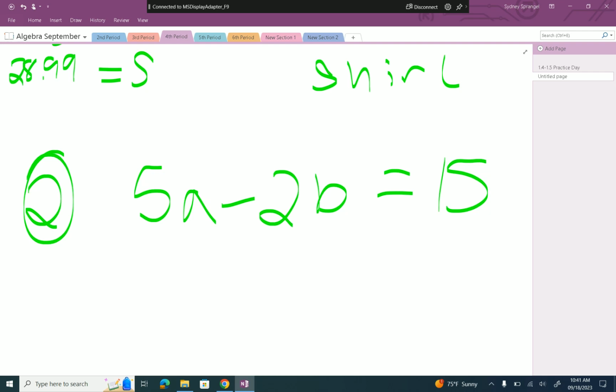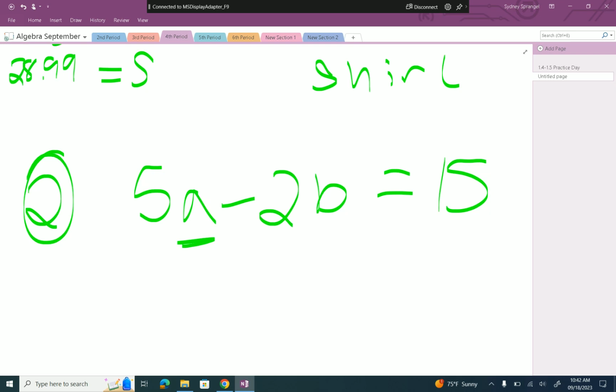Can somebody raise their hand and tell me? Yes, but we want to talk in terms of A. What is it? Subtraction. So we care about A right now. So A is being multiplied by 5, and then 2b is being taken away from A. So really, the two operations I have here are subtraction and multiplication.